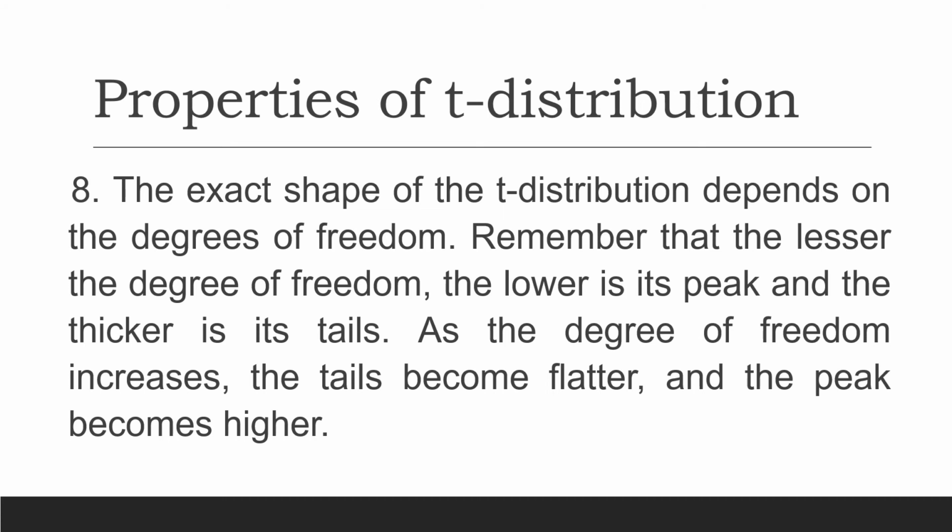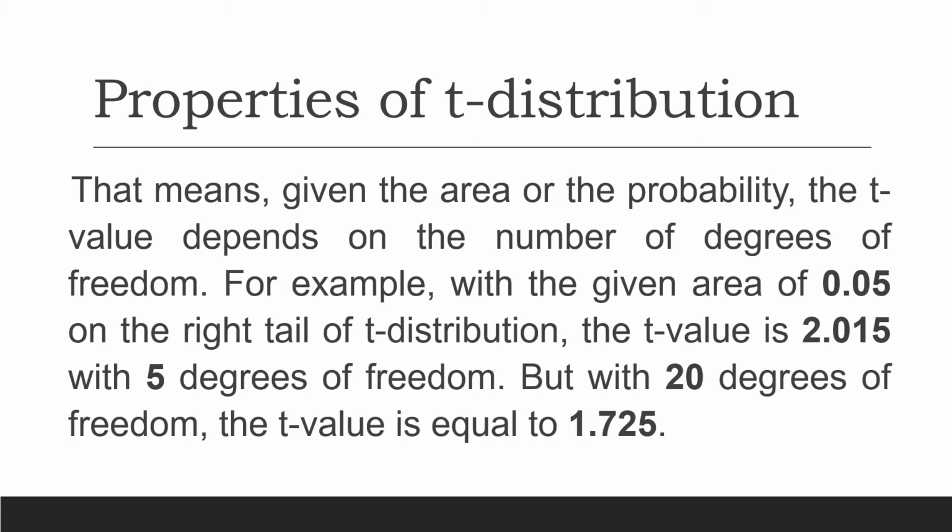Remember that the fewer the degrees of freedom, the lower its peak and the thicker its tails. And as the degrees of freedom increase, the tails become flatter and the peak becomes higher. That means, given the area of the probability, the t-value depends on the number of degrees of freedom.